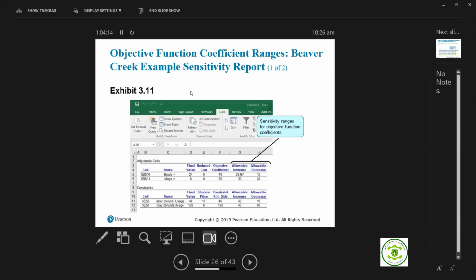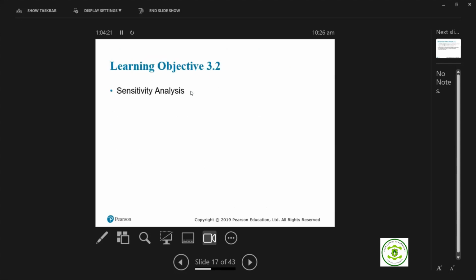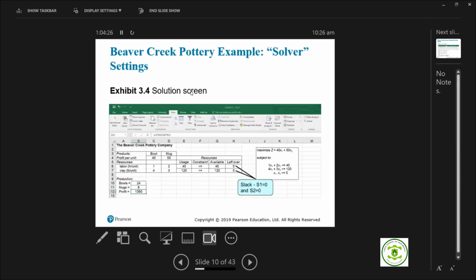Because one way of doing the analysis, the obvious thing, for instance, if profit per unit changes to 100, you just come to this cell and change this to 100 and solve it and compare the answer to what you solved originally.